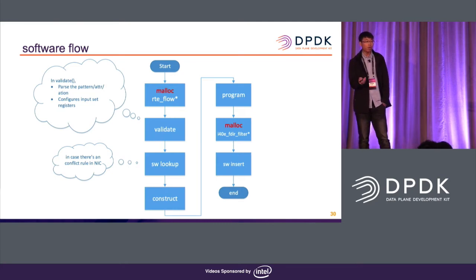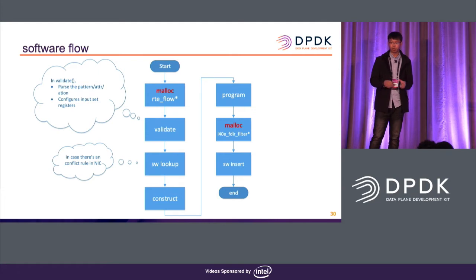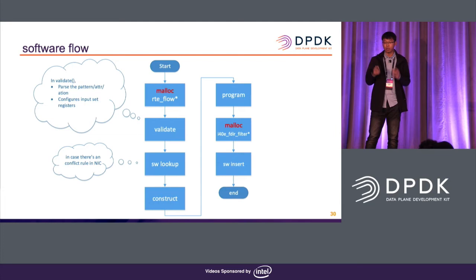And next one is software lookup. The software will maintain a hash table and a linked list for all the inserted flows. So in this step, the software will look up the hash table in case there is not a conflicting flow that has already been inserted into the NIC earlier.